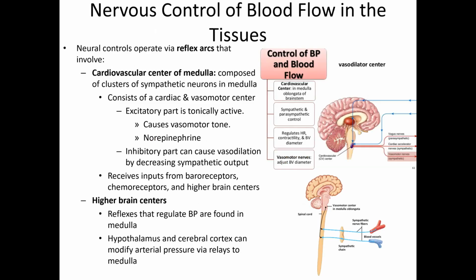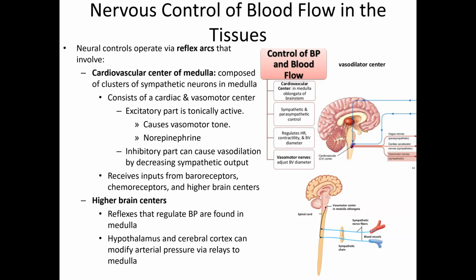In order to best stay alive, we need to have a good nervous control of our blood flow in our tissues. So we are going to operate them based on reflex arcs, and they're going to involve the cardiovascular center of our medulla and our higher brain centers. In the cardiovascular center of the medulla, we're going to have clusters of sympathetic neurons.